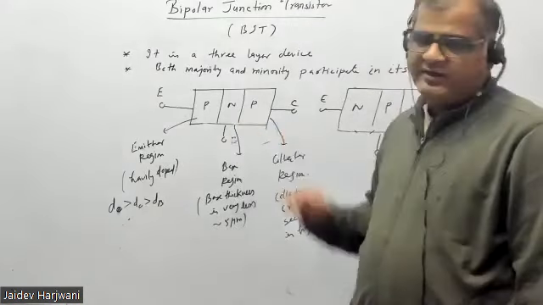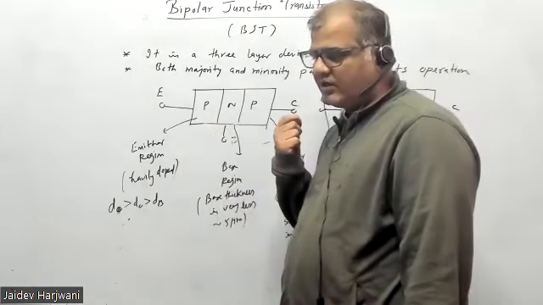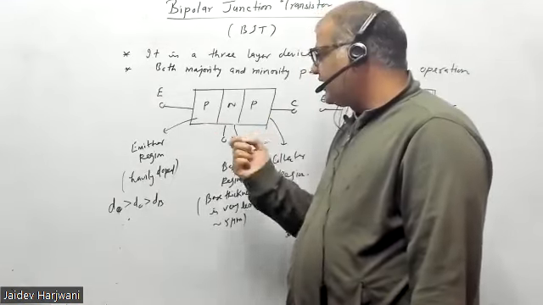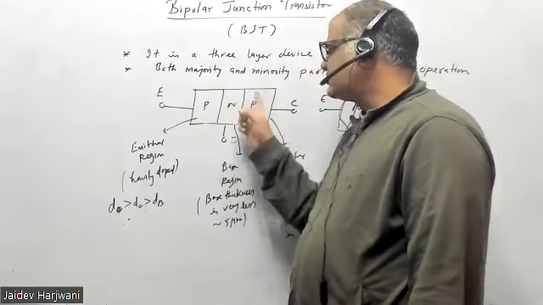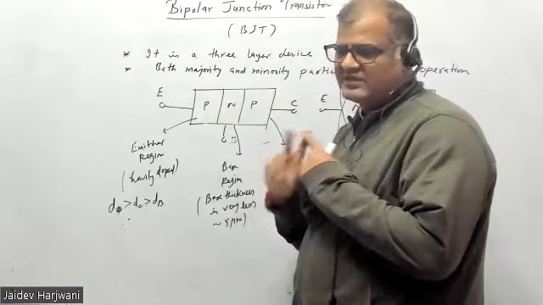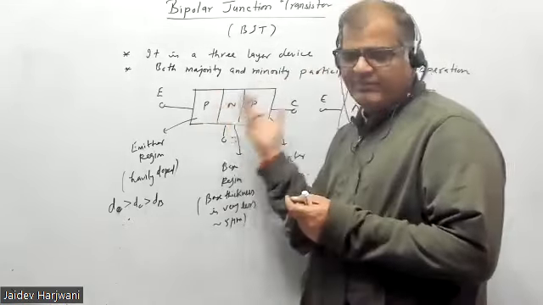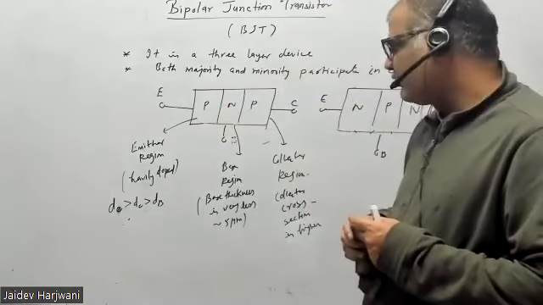This is the key point in the design of the transistor, that this thickness is very small. Because of that, injected charge carriers can move from this part to this part. If this becomes larger, then it will work simply as two diodes connected back to back.